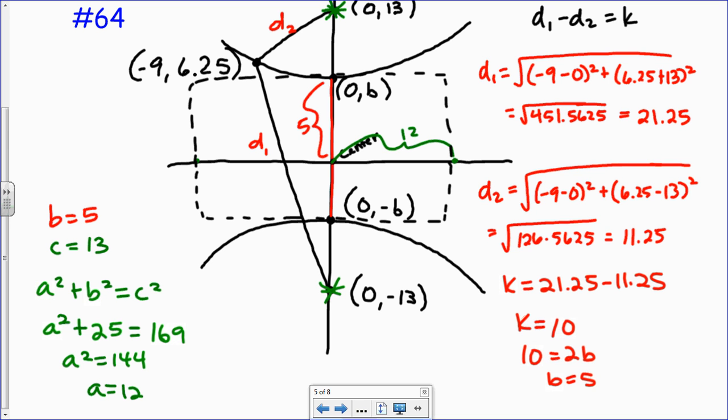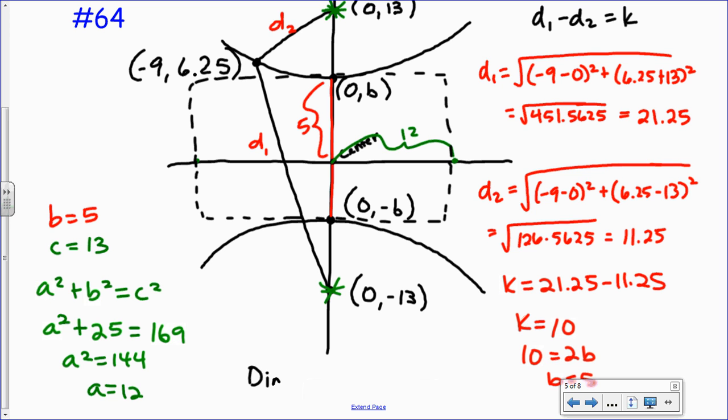So the dimensions of the rectangle is like the dimensions of the room. So you want to do length times width. Okay, so if from the center to the top of the rectangle is 5, then that whole length is 10.